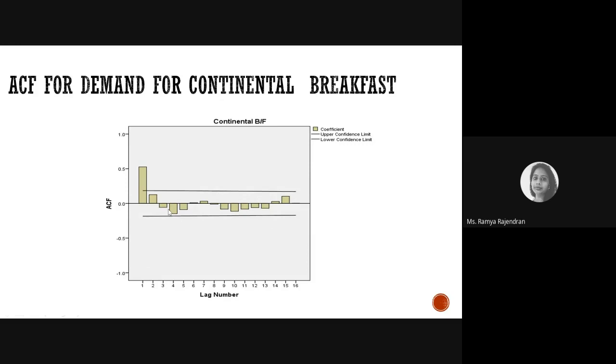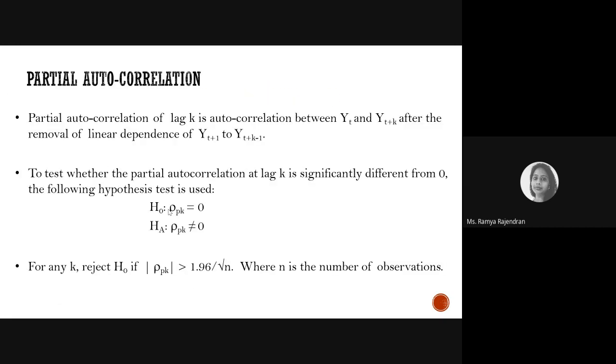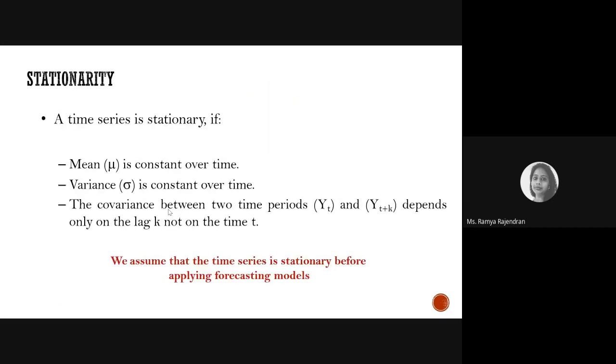Just to identify the lag number or the p value, we apply the autocorrelation function and partial autocorrelation function, plot it, and then we get it. That's the major reason, and the only thing we have discussed so far.